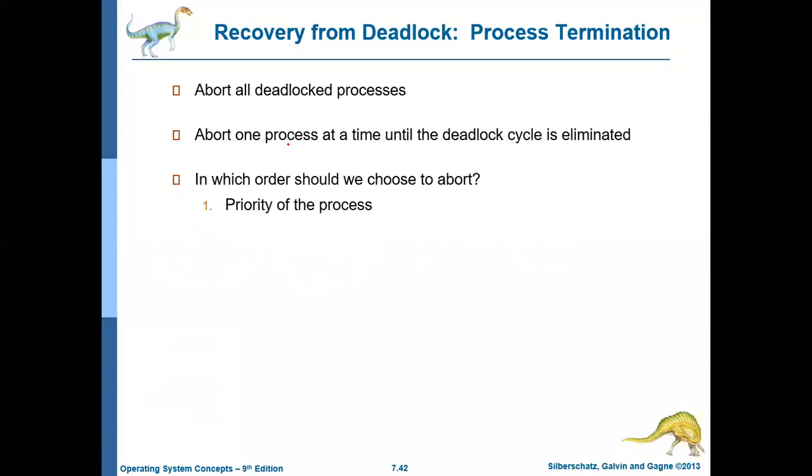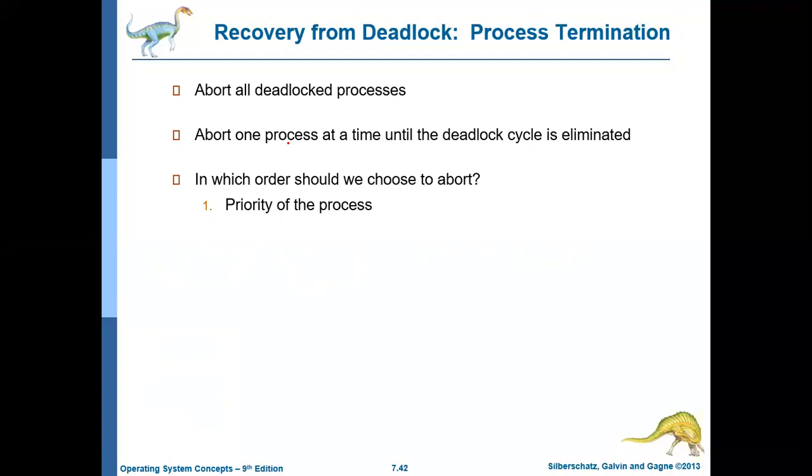So based on some factors, the process should be terminated. What is the factor? The main factor is that you should terminate a process such that terminating it results in minimum cost. We should abort those processes whose termination will incur minimum cost. If you terminate any process, some cost will be incurred because the process is not completed.